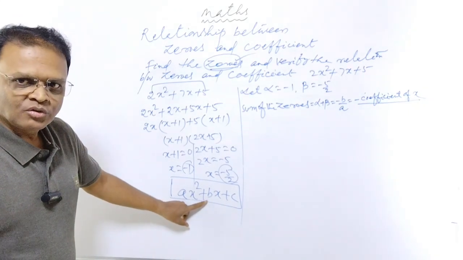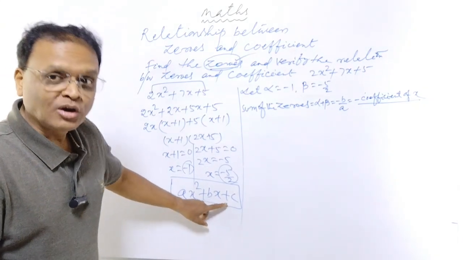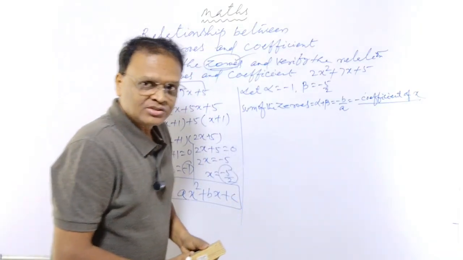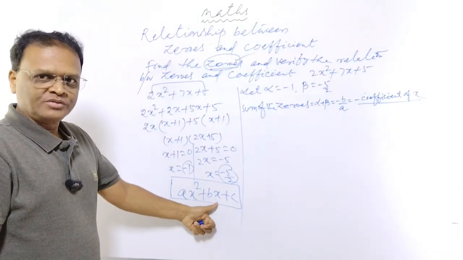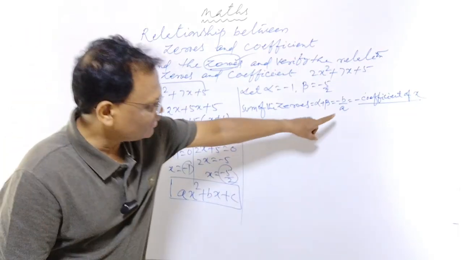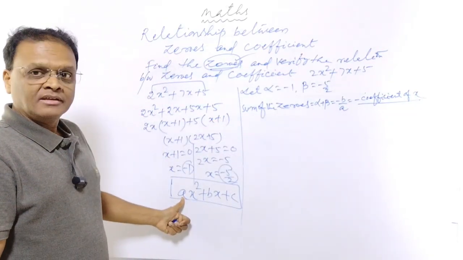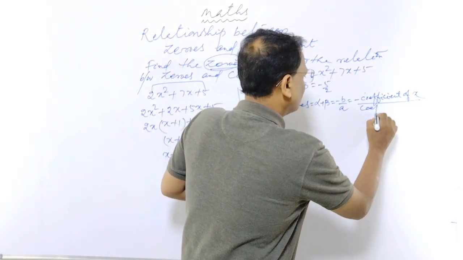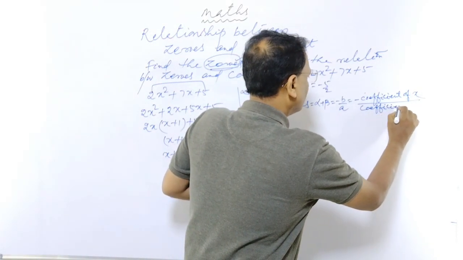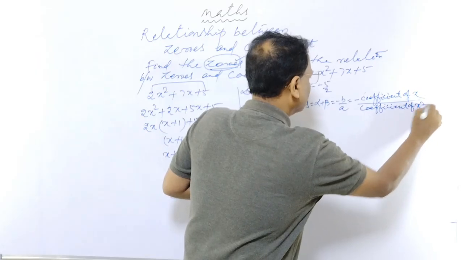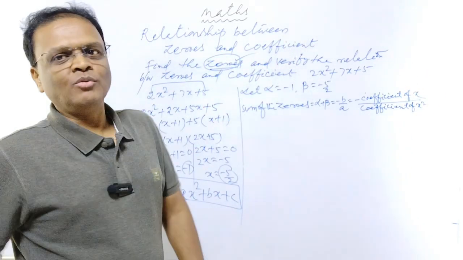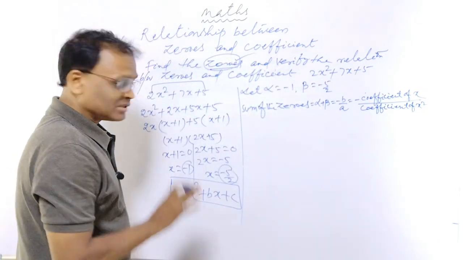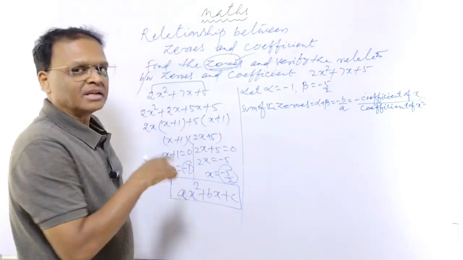What is b? Coefficient of x. What is c? Constant. So therefore I have written minus b, b is the coefficient of x, by a, the coefficient of x square. So this is the formula for the verification. Sum of the zeros. What are the zeros I got? Minus 1 and minus 5 by 2.